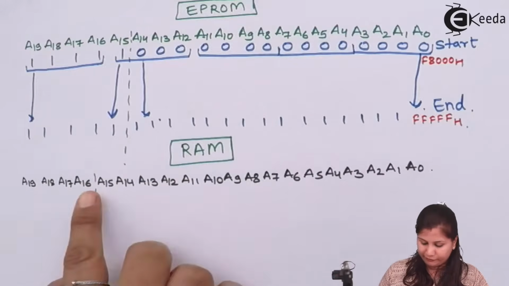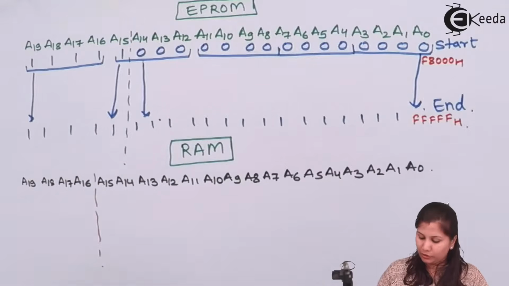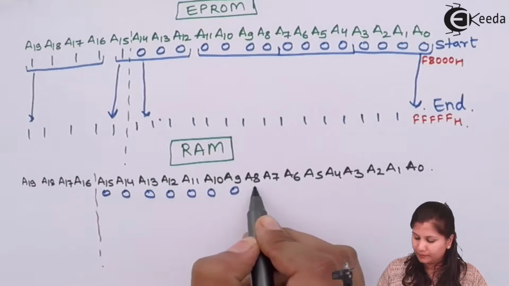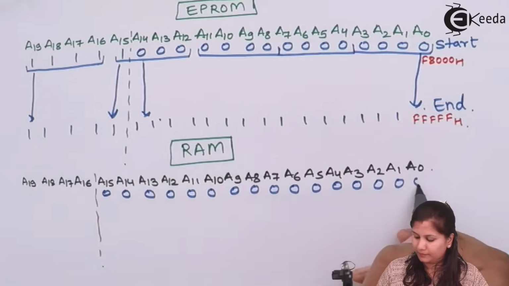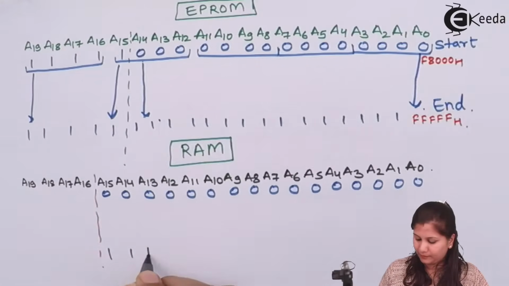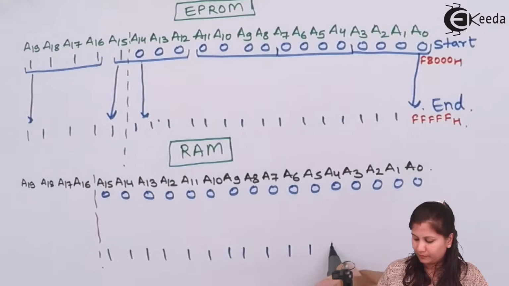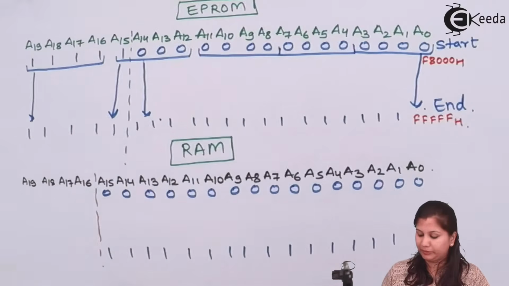So A0 to A15, they can take any value from 00 to 11. So we can have here any value in between from this first combination to the last combination.